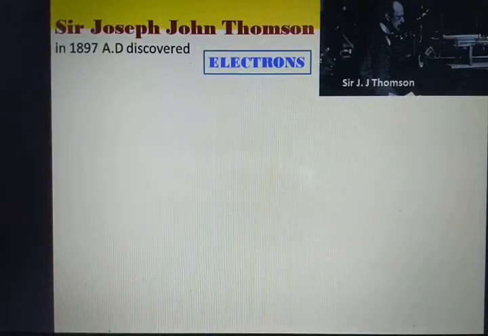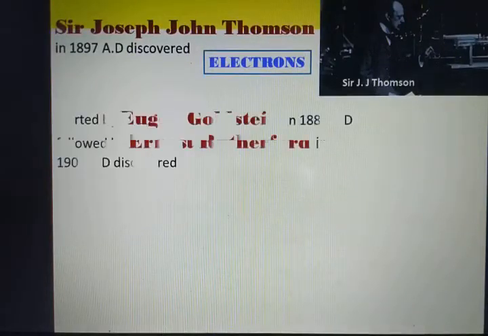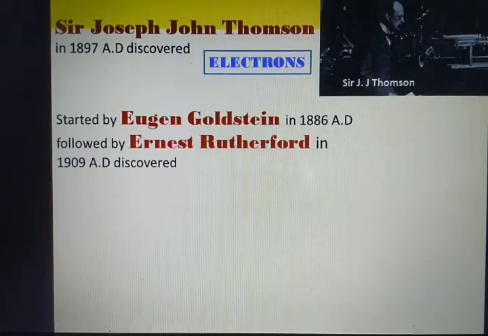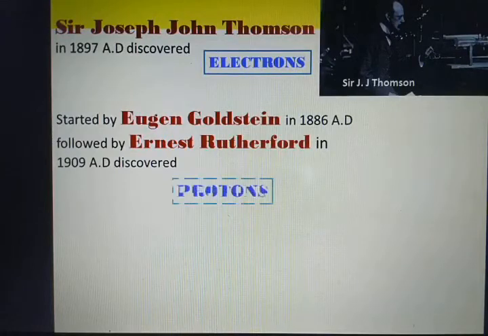The next is Eugen Goldstein in 1896, followed by Ernst Rutherford in 1909, and he discovered the protons.